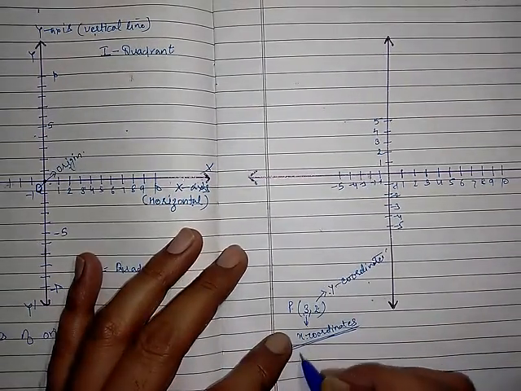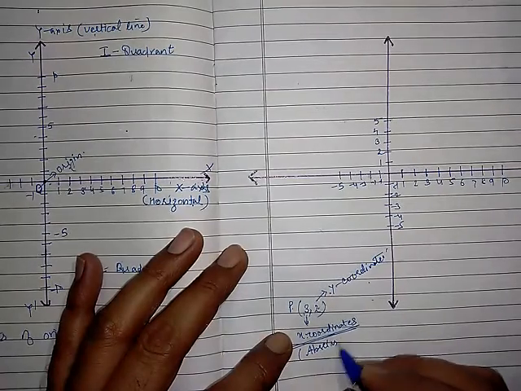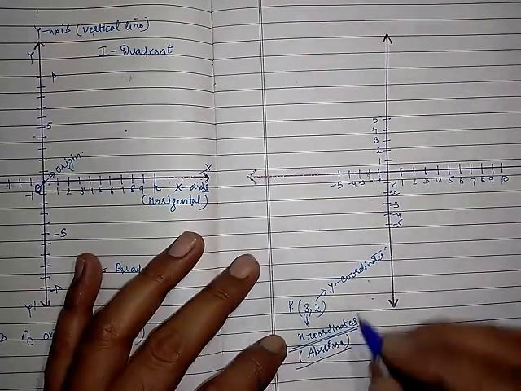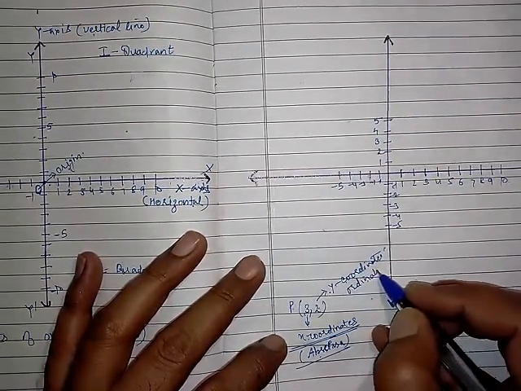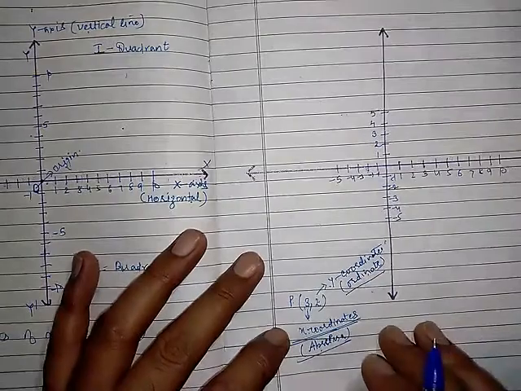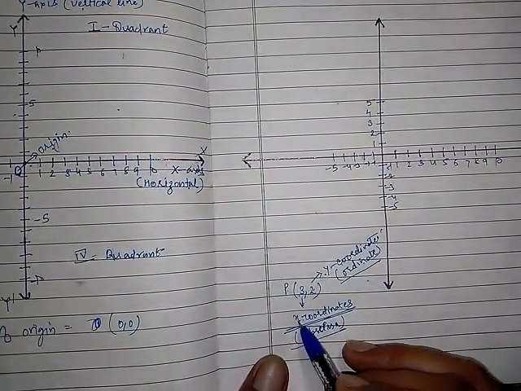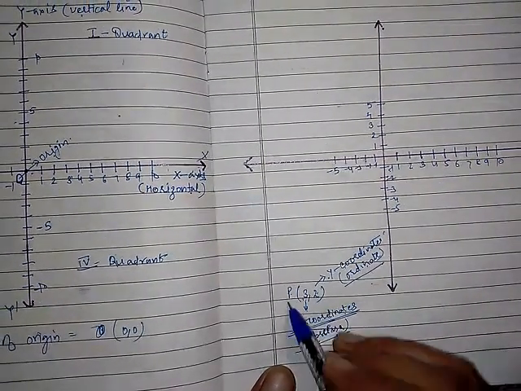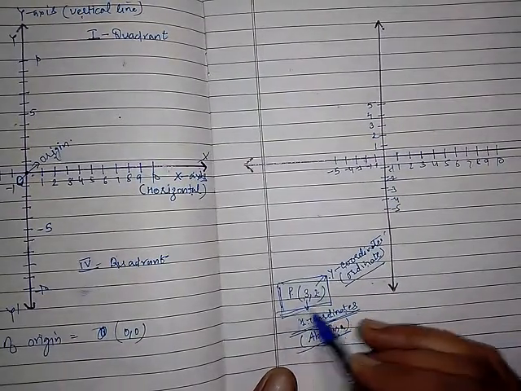The other name of x coordinate is abscissa, and the y coordinate is also called ordinate. In the exam they ask this, that's why I am telling you that the other name of y coordinate is ordinate and the other name of x coordinate is abscissa. Clear?